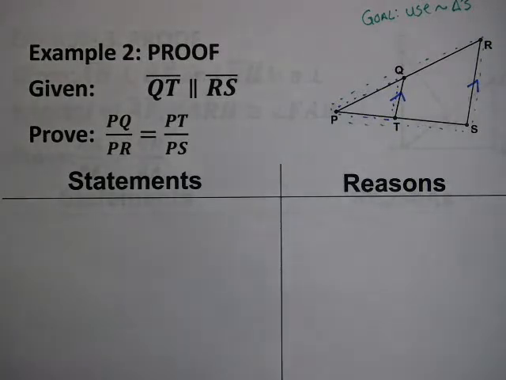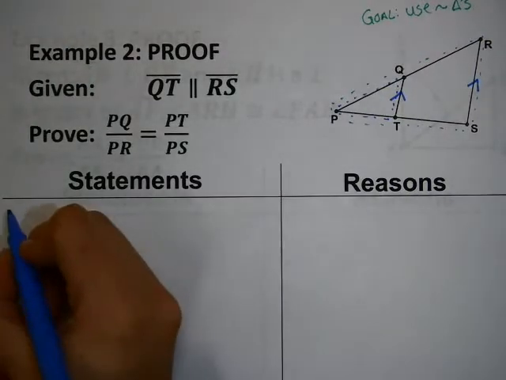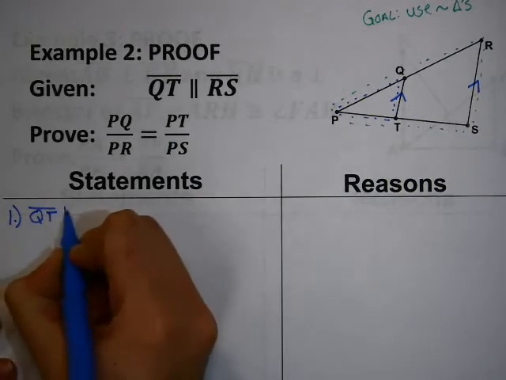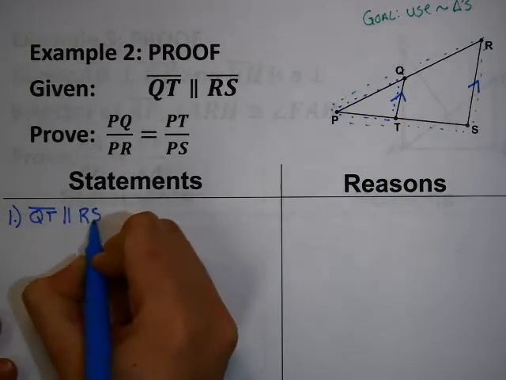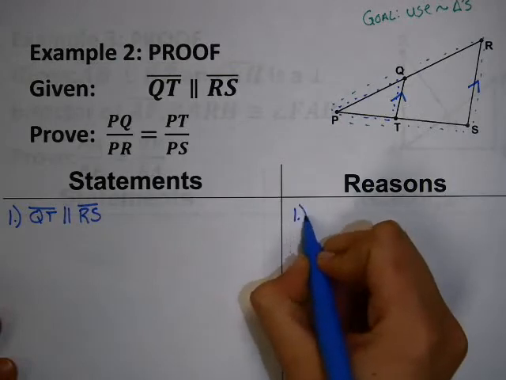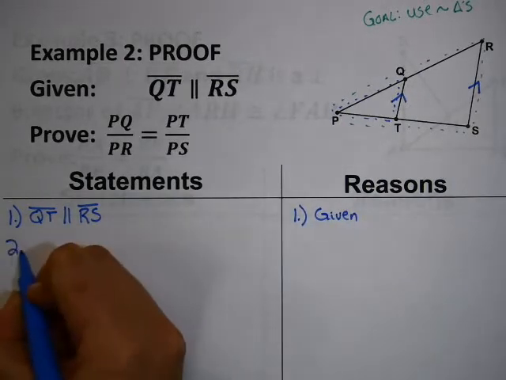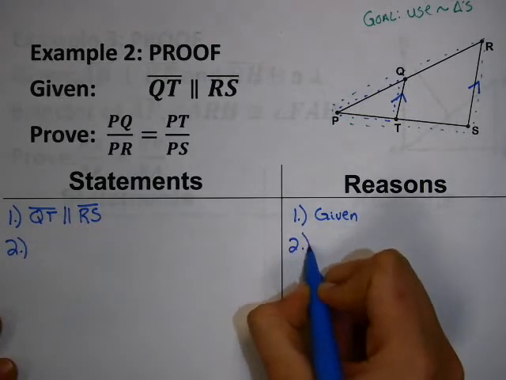Again, let's start with our given. QT is parallel to RS. Step 2.